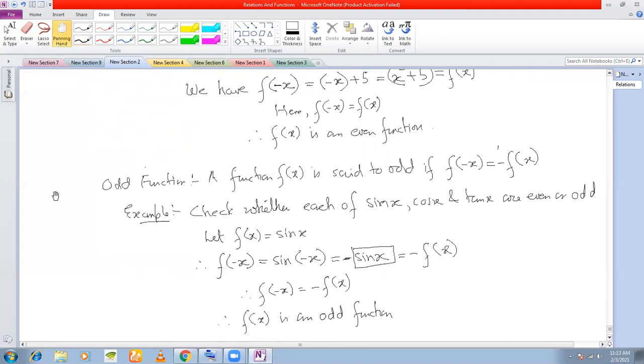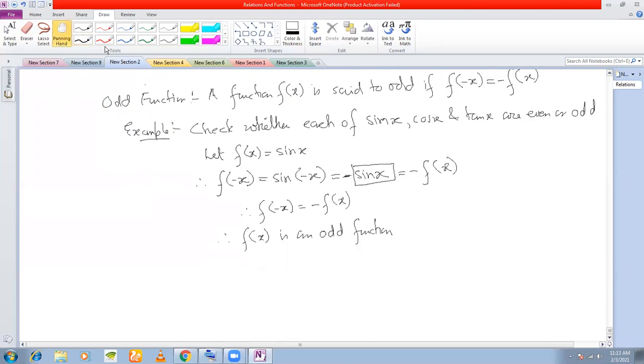Okay. Next one. Let us say let g(x) is equal to cos x. Is this even or odd? So, find out g of minus x. g of minus x is equal to cos of minus x. And what is cos of minus theta? cos x.